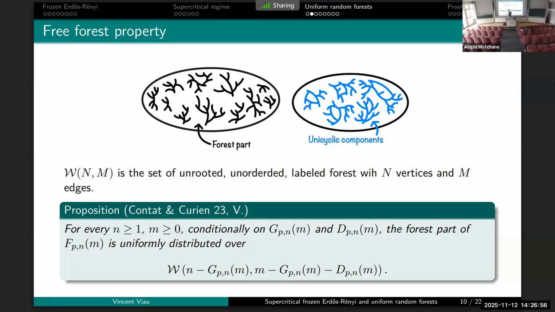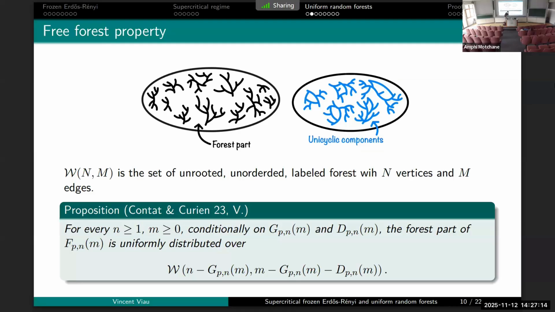For example, if we want to upper bound the size of the jumps for the process G, we can try to understand the size of the largest tree in a uniform random forest.